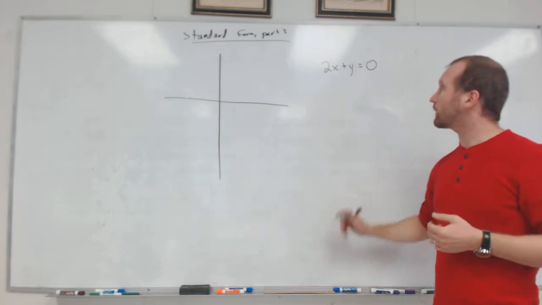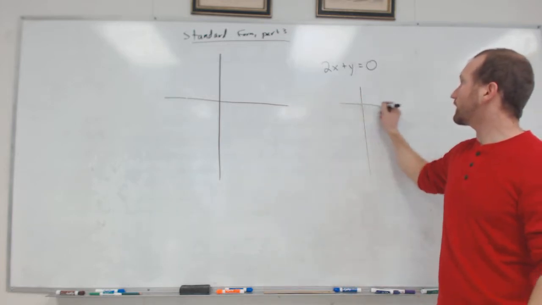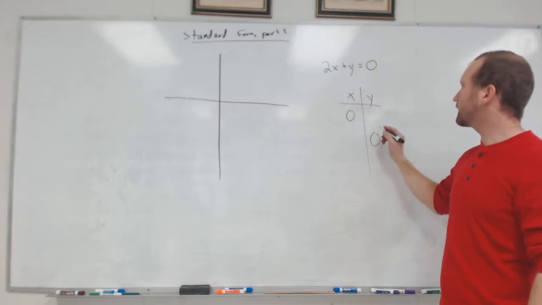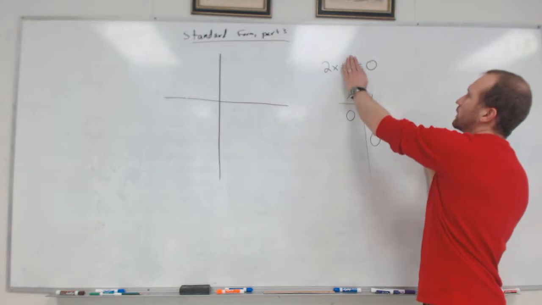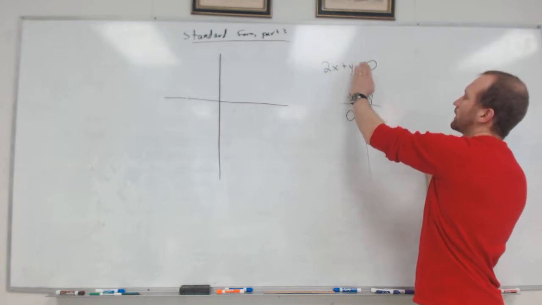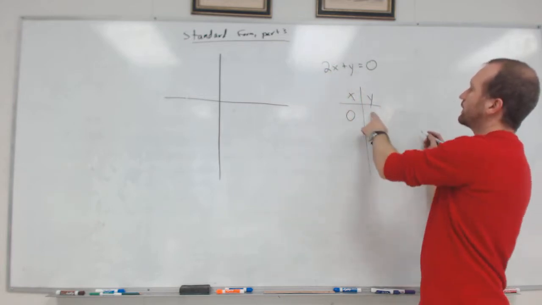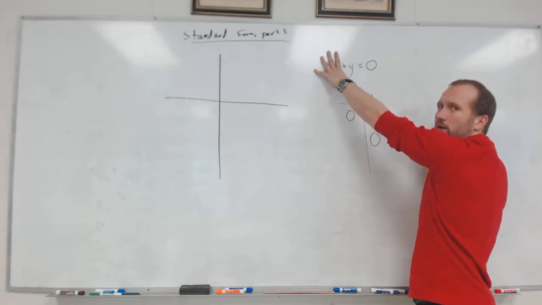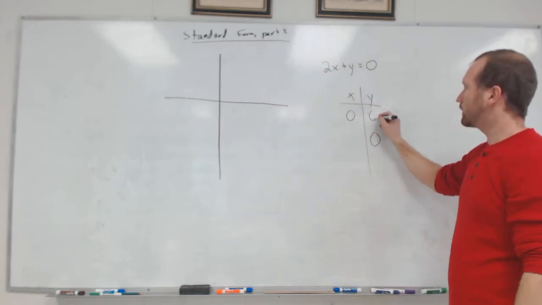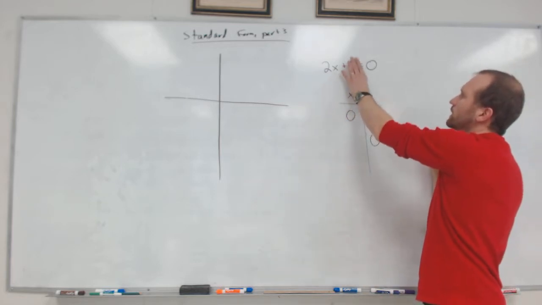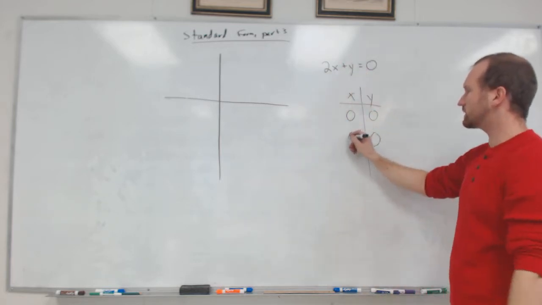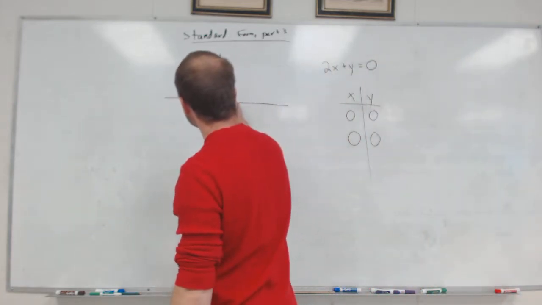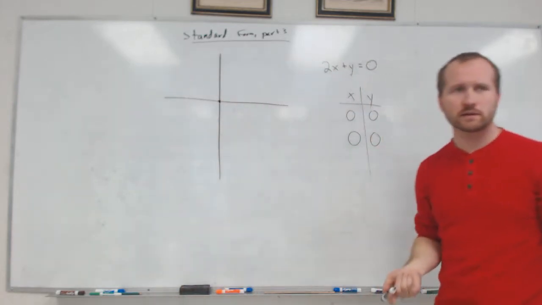If we do the trick that we learned by finding the x and y intercepts in our t-chart, the y-intercept would be 0 divided by 1, which is 0. And the x-intercept would be 0 divided by 2, which is still 0. So if I plot these points, it's actually the same point.